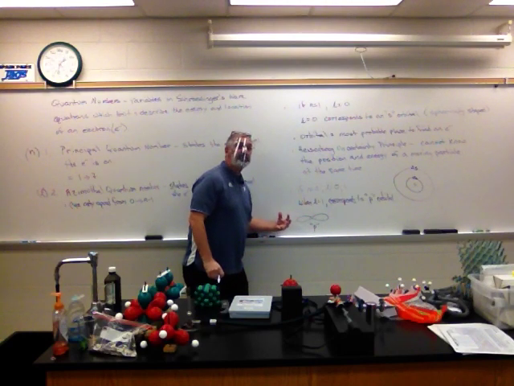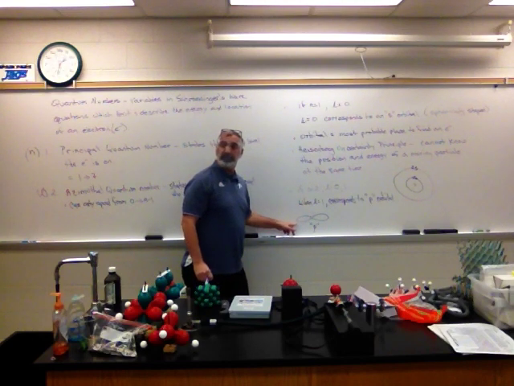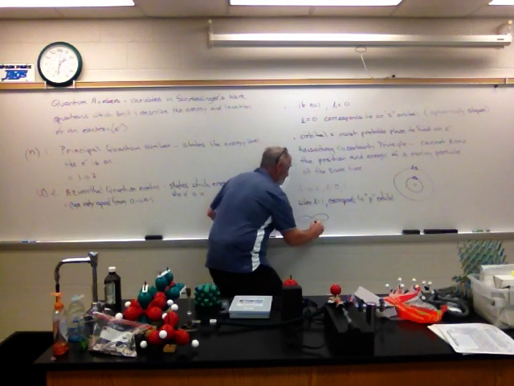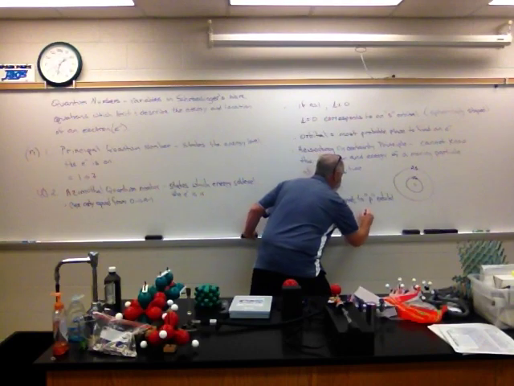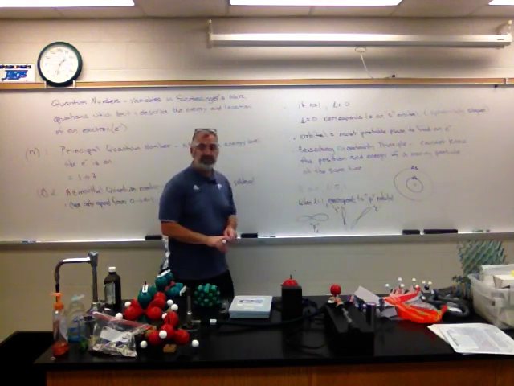Now the next quantum number is going to tell us why, but there are 3 different orientations in space for a p orbital. It can be on, this is what we call the px. You can have the py, okay? This is the y. And you can have the z in and out of the board. 3 different orientations.